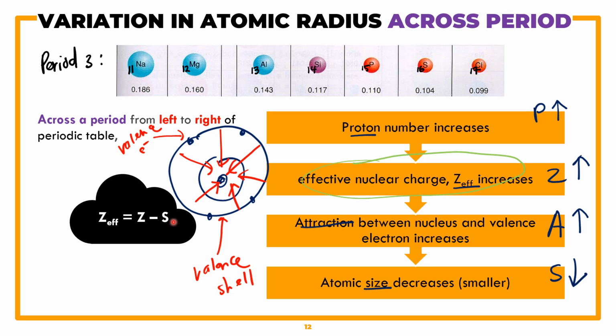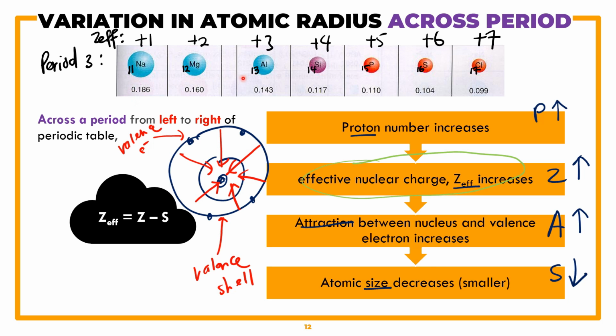So in this case, you must know the electronic configuration for each one of them dahulu, and then you can find how many inner electrons, and from there you can get the value of Zeff. So from the calculation, we find out that the value of Zeff for sodium is +1, magnesium +2, +3, +4, +5, +6, and +7. So these are the values of Zeff for the respective elements.